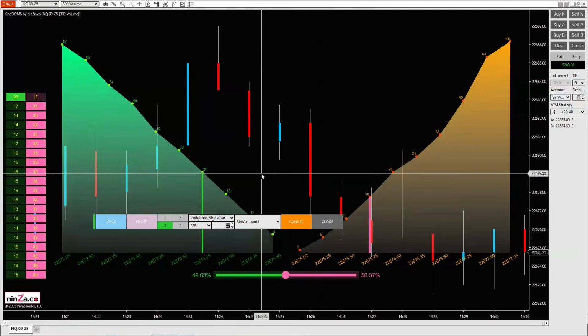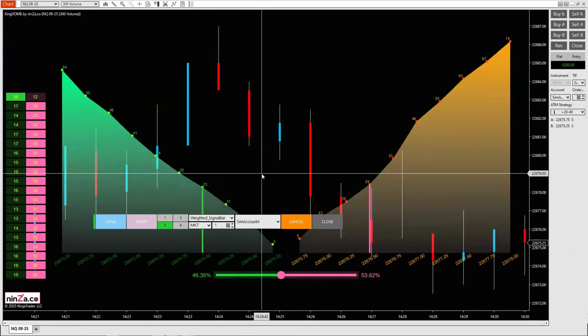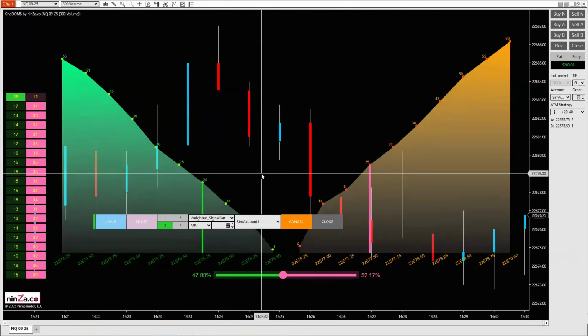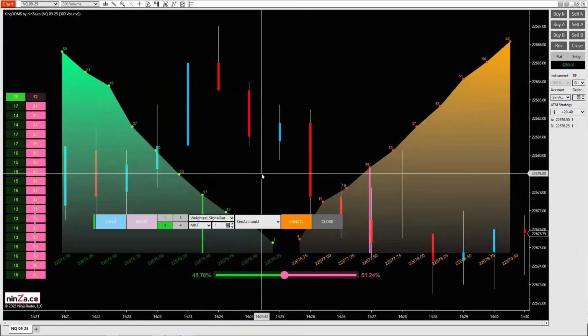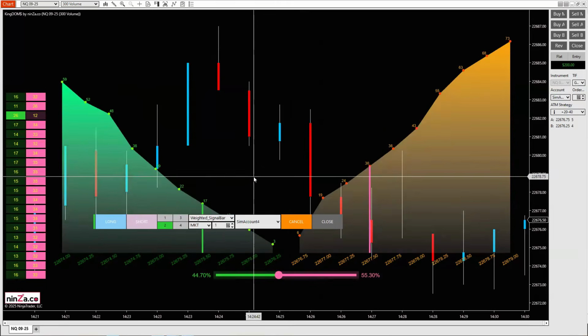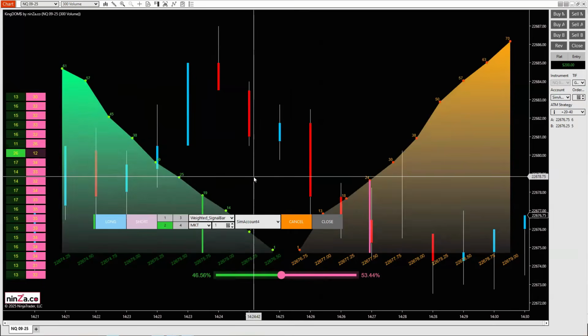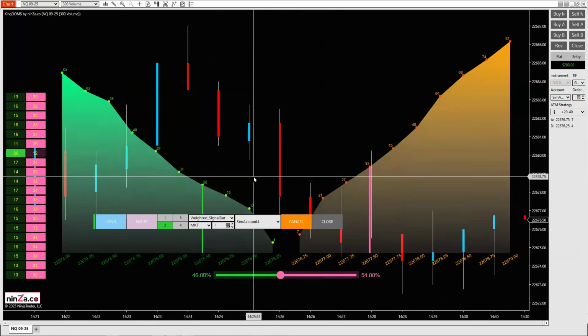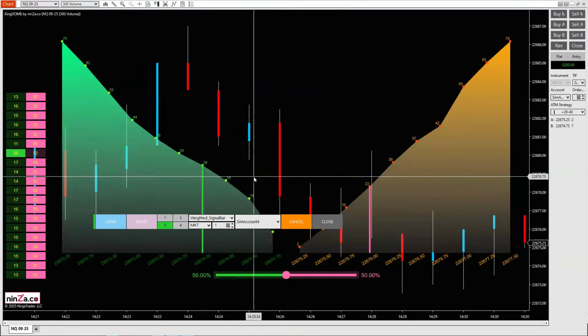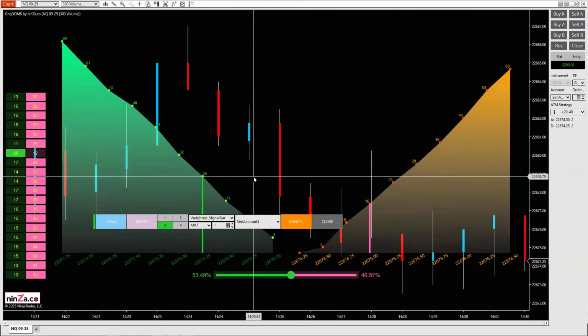Now, NINZA, of course, is in the business of creating and selling indicators. I happen to believe they make quality stuff. So yeah, they're going to continue to make new indicators, but it does not mean that they're all the same. They're not all the same, just like all traders are not the same, right?